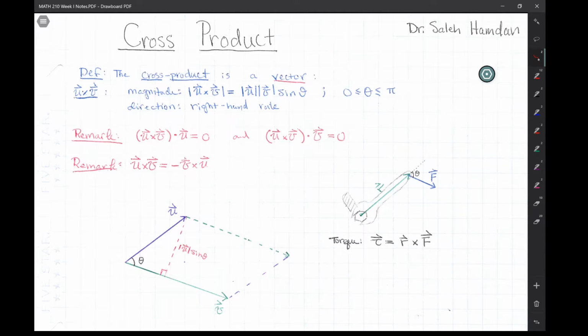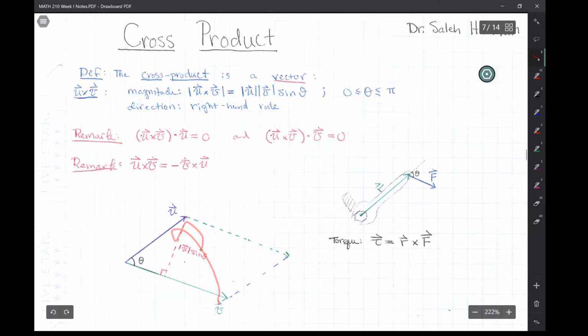So if there is a plane that u and v live in, the cross product has to point in or out of that plane. It can't be along the plane. It's perpendicular to that plane. And what is it going to be? Is it going to be in or is it going to be out? Well, that's the right-hand rule. So u cross v would cause our thumb to point into the page.